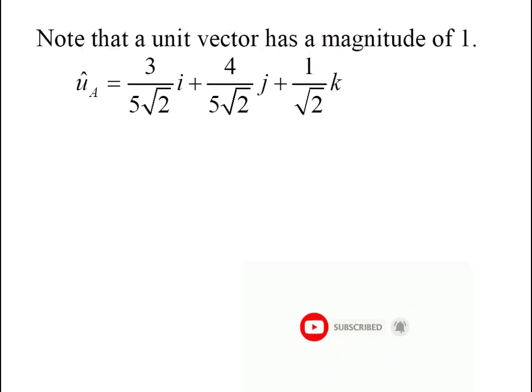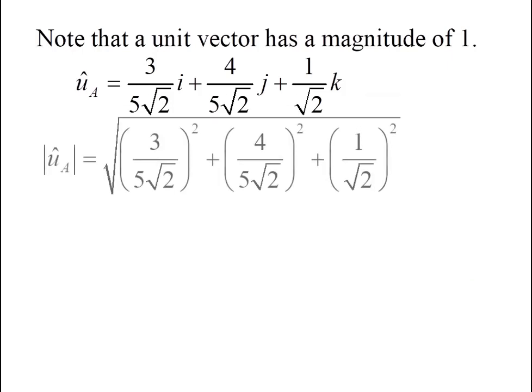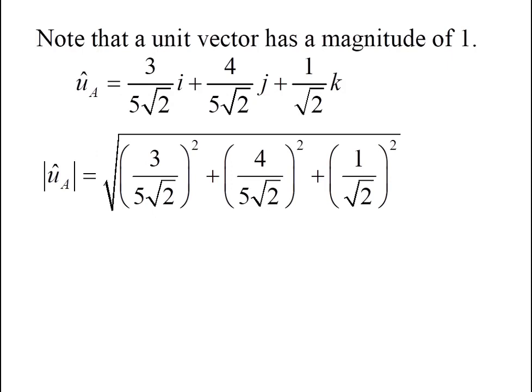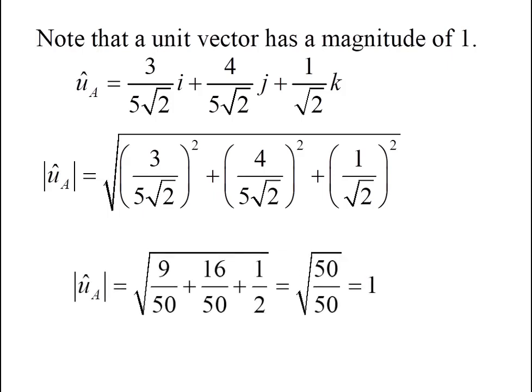So, for example, if you wanted to verify that the unit vector we calculated a while ago has a magnitude of 1, we can find the magnitude of the given unit vector: 3 over 5 root 2, the whole squared, plus 4 over 5 root 2, the whole squared, plus 1 over root 2, the whole squared. Then upon some algebraic simplifications, it turns out that the magnitude of this unit vector is 1. The answer is not surprising, because every unit vector has to have a magnitude of 1.